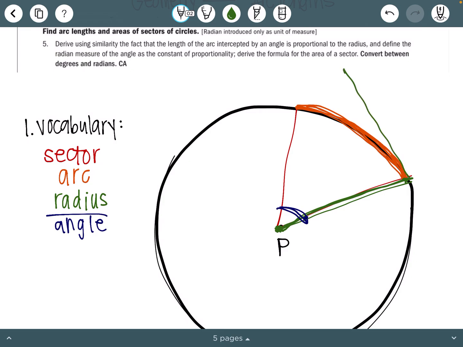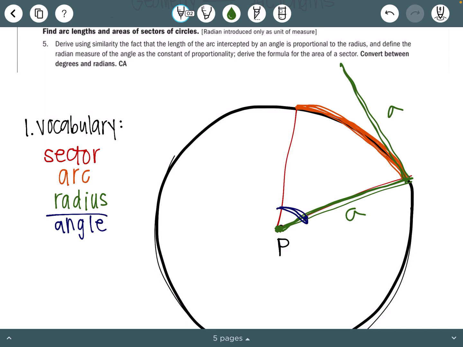So let's have this radius here, and let's say it has a length A. It's going to see how many radius lengths fit into our arc, and that's going to be the measure of the angle.